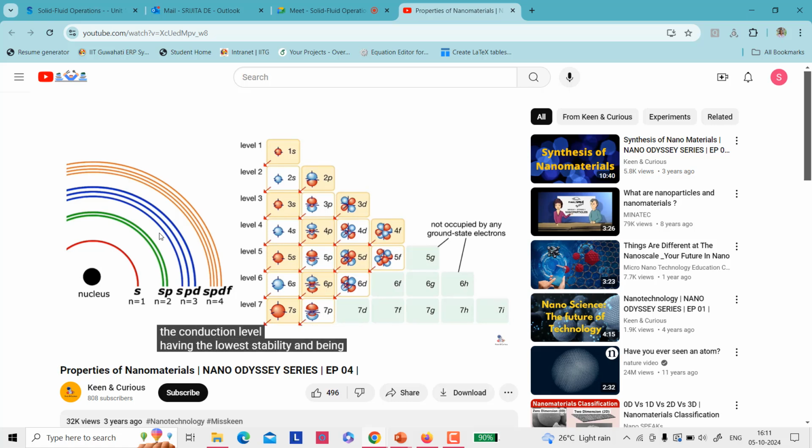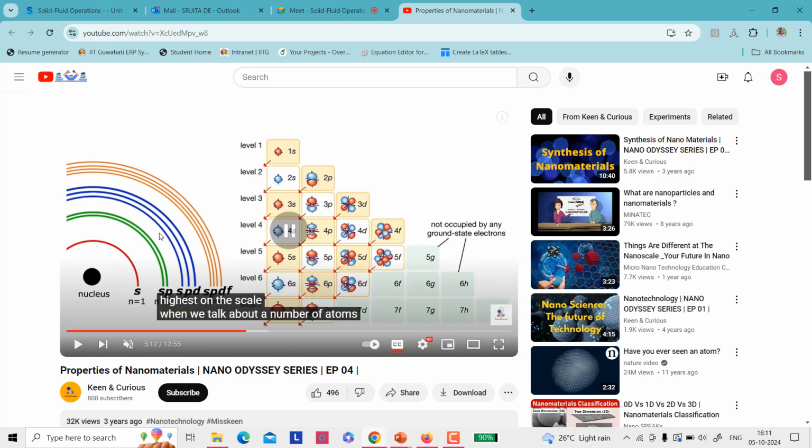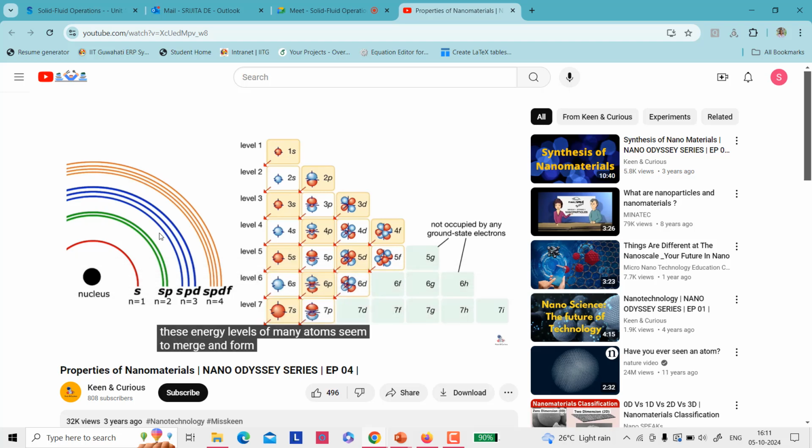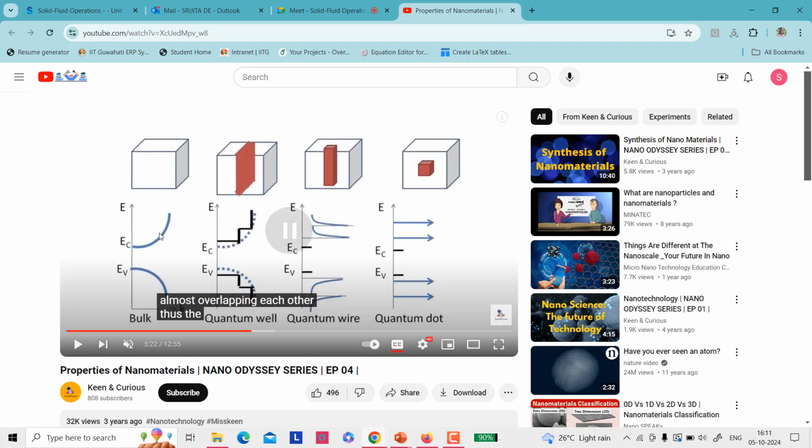Thus, the gap between the valence band and the conduction band, hereafter called the band gap, is the factor that decides how much energy is required to allow electrons to start moving through the material.